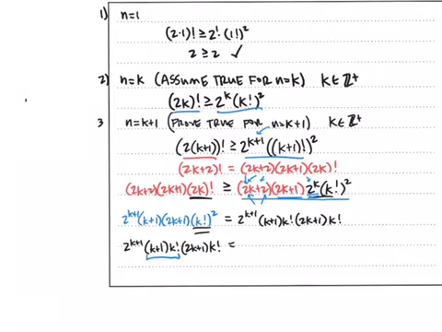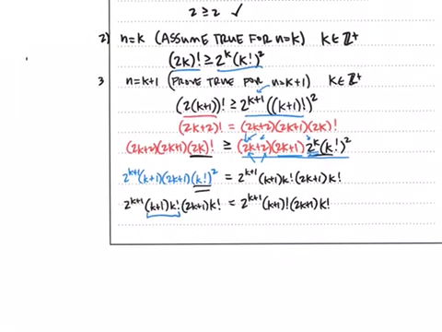All right, so let's rewrite. This is going to be 2^(k+1) times (k+1)!, and then I've got this expression here, (2k+1) times k!. All right, so just think about where we've come from. We've come from trying to show that this is greater than or equal to this, and I have not done anything on the right side here.